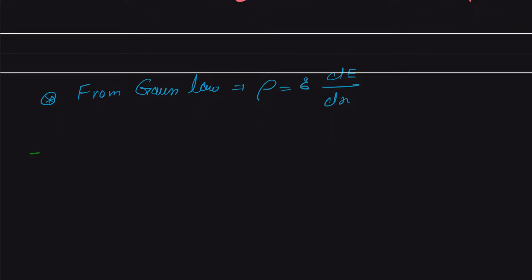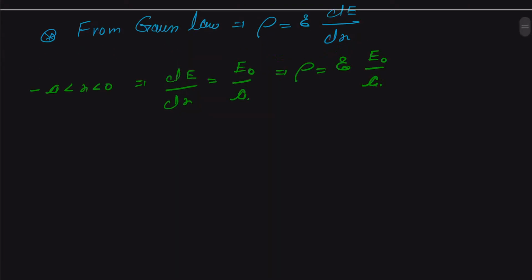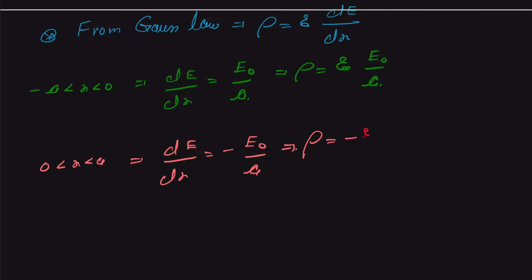First region is between minus A and 0, and the value of the derivative is E naught upon A. Therefore, we get charge density is equal to epsilon naught E naught upon A. Then we come to the second region, between 0 and A. We get the derivative of electric field is equal to minus E naught upon A. This gives us the charge density is equal to minus epsilon naught E naught upon A.